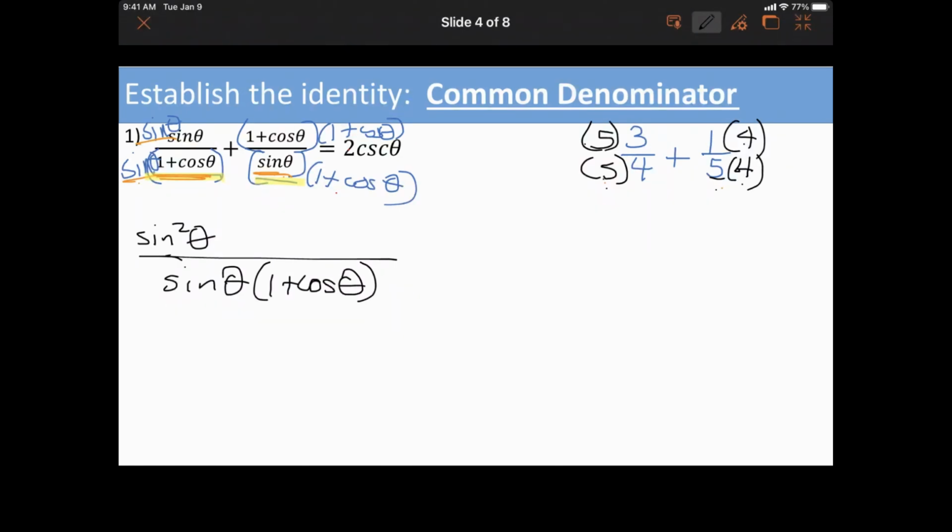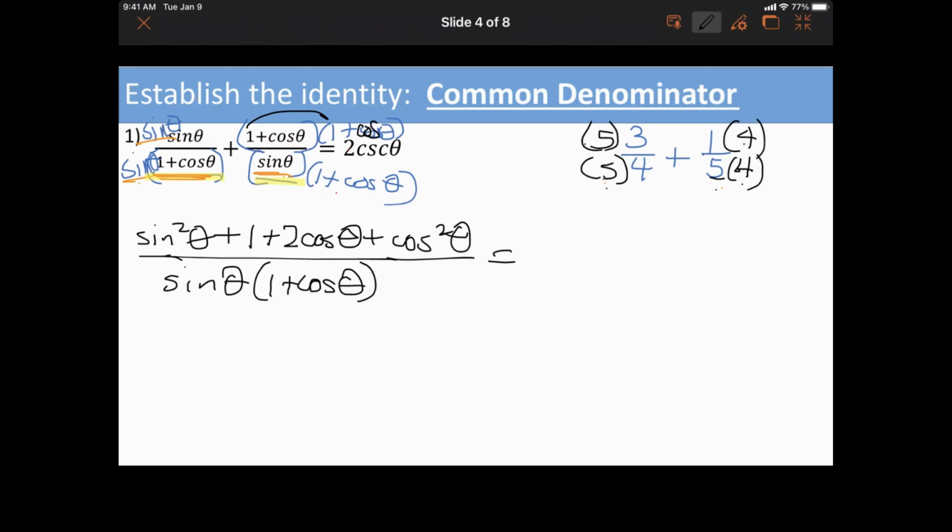This, okay, a little messy, is 1 plus cosine theta times 1 plus cosine theta. So that's similar to 1 plus x times 1 plus x. So we're going to distribute, right? We're going to FOIL. And then this turns out to be 1 plus 2 cosine theta plus cosine squared theta.